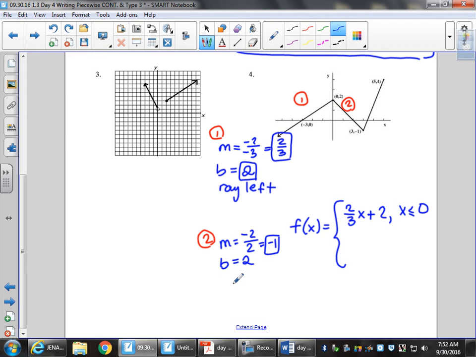Still 2. Ray or segment? Who's got the expression? Between where and where? Good. Last piece.